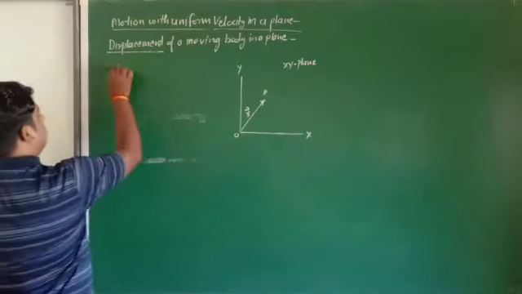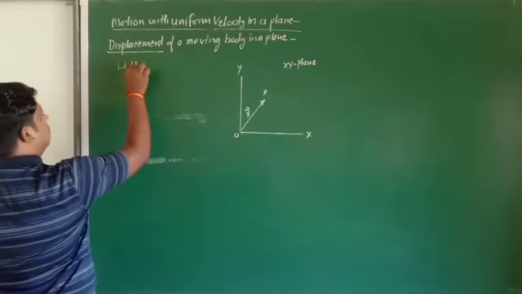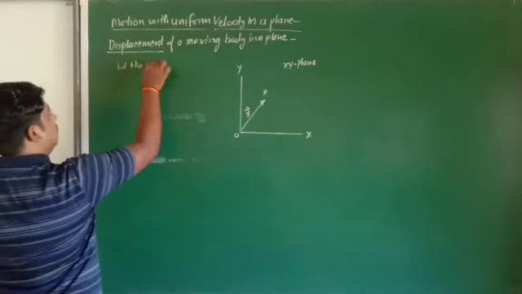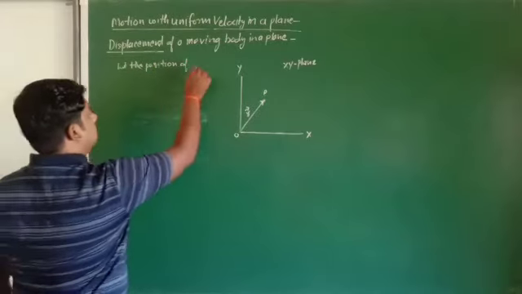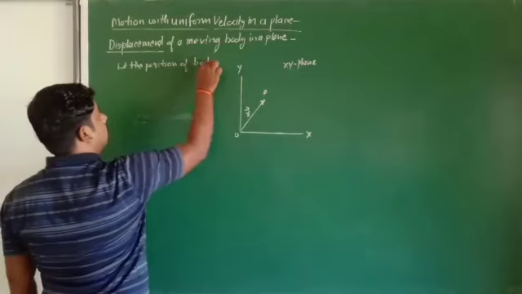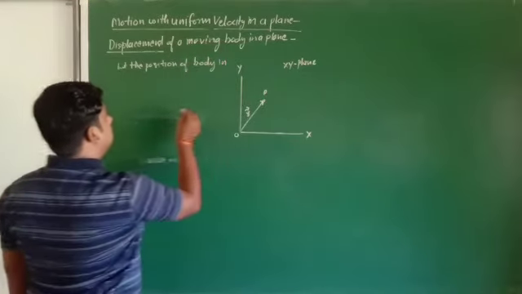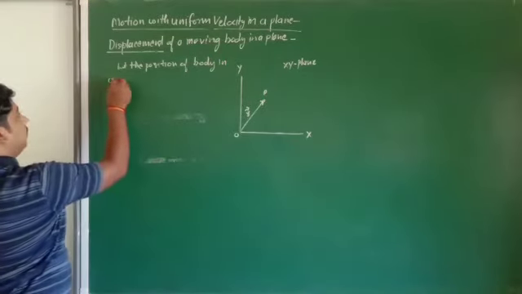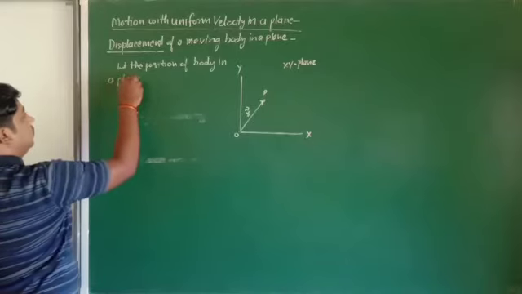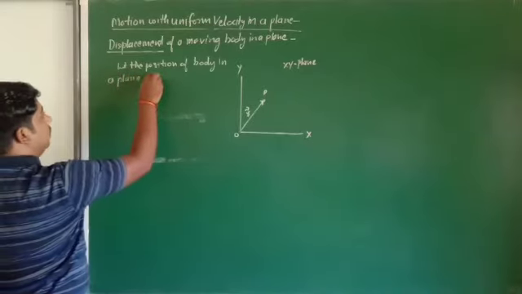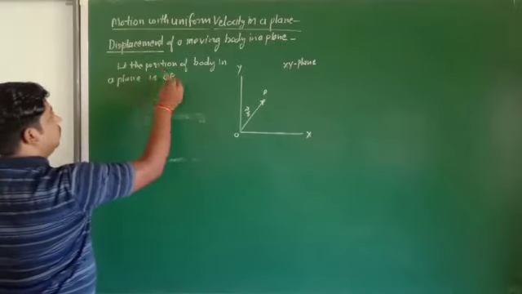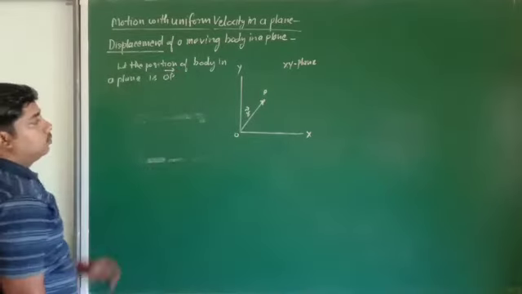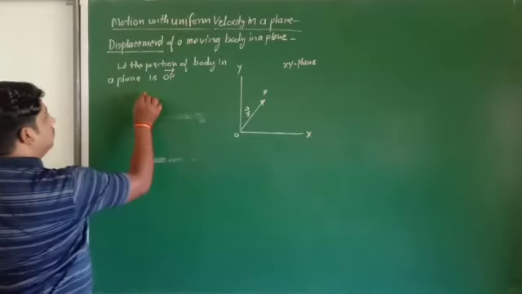Let the position of the body in the plane be OP. This OP is the position vector.